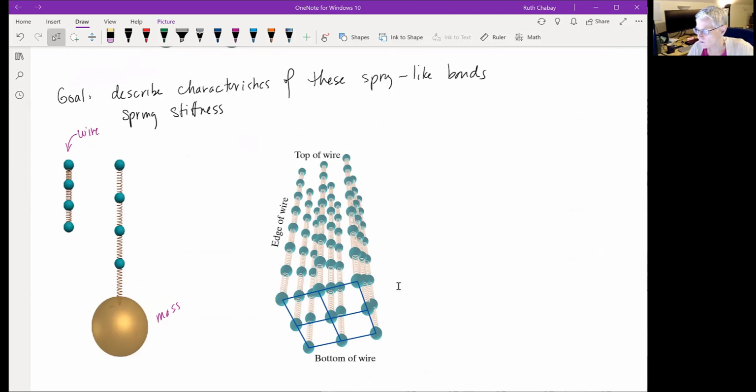So our basic plan is something like: measure the stretch of a wire with a known force. Figure out how many springs, chemical bonds, are in the wire.